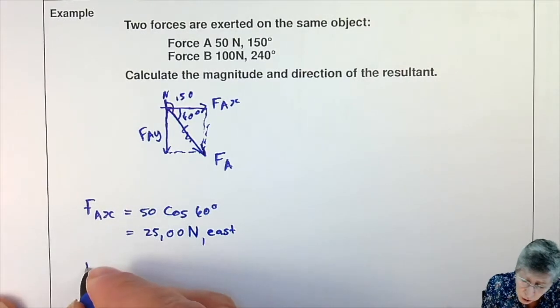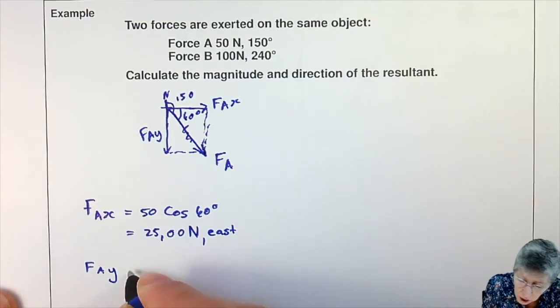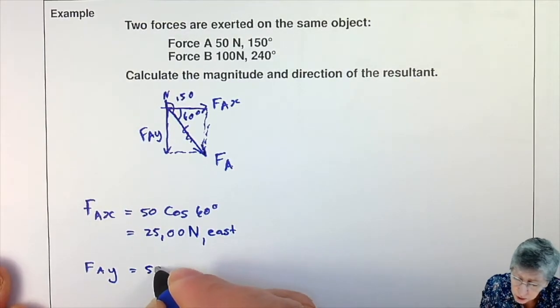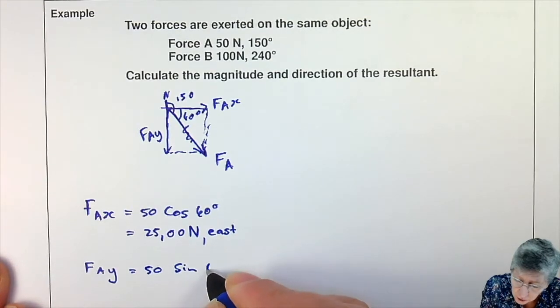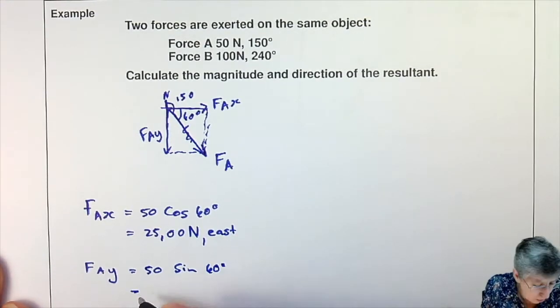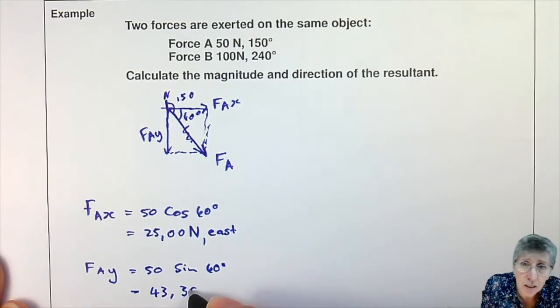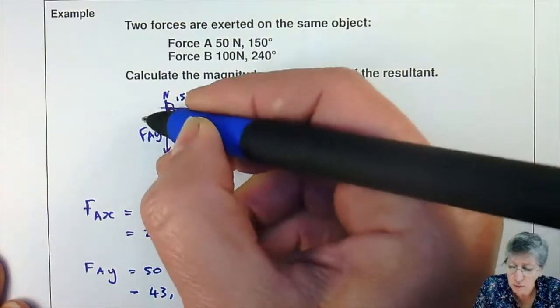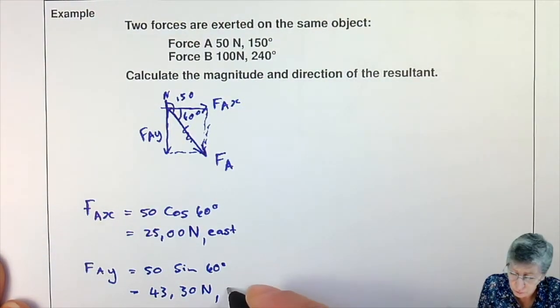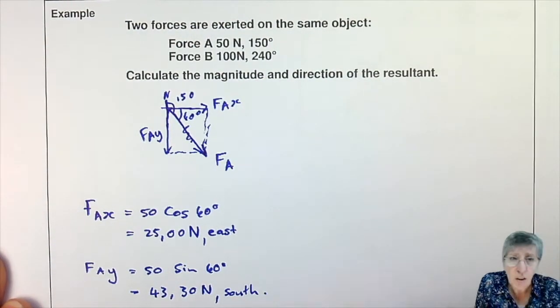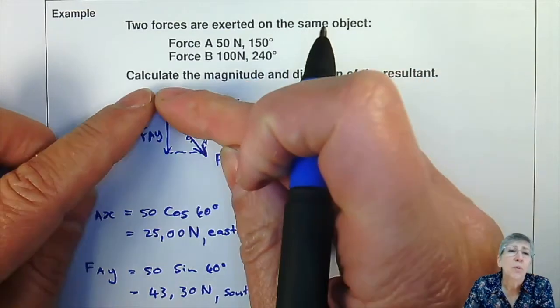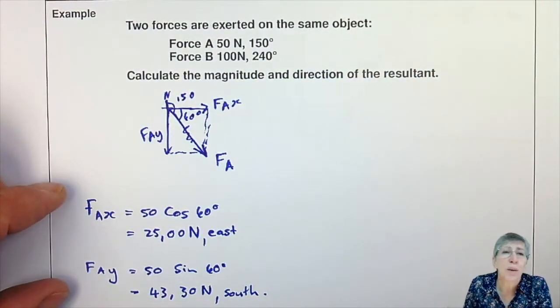We're also going to work out the y component, and that y component will now be 50 sine of 60, and if you do that you end up with 43,30 Newton, and obviously that is south. We took A and we split that up into the two separate components.